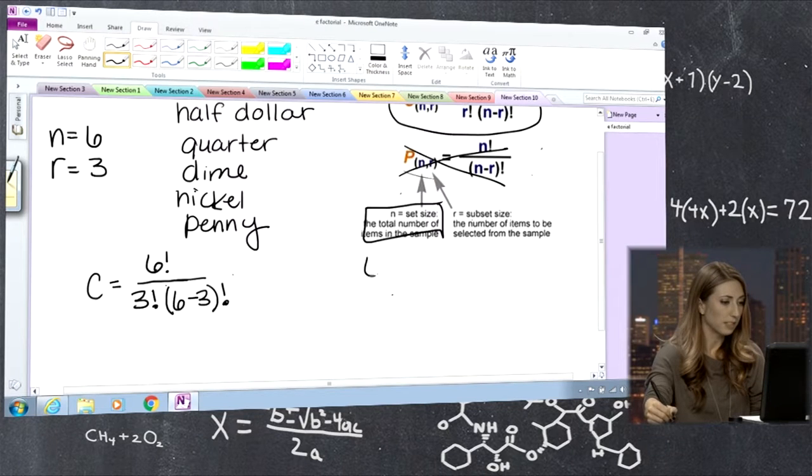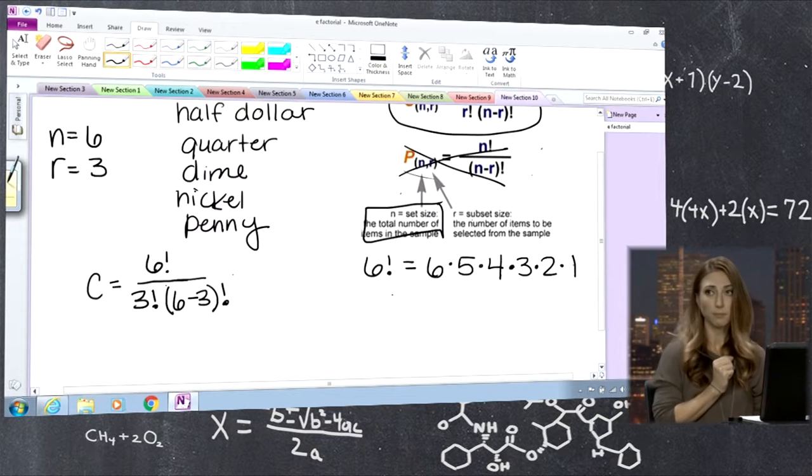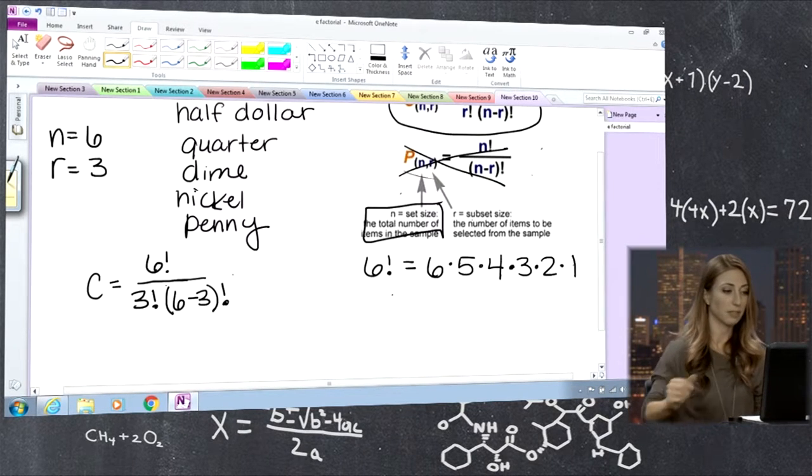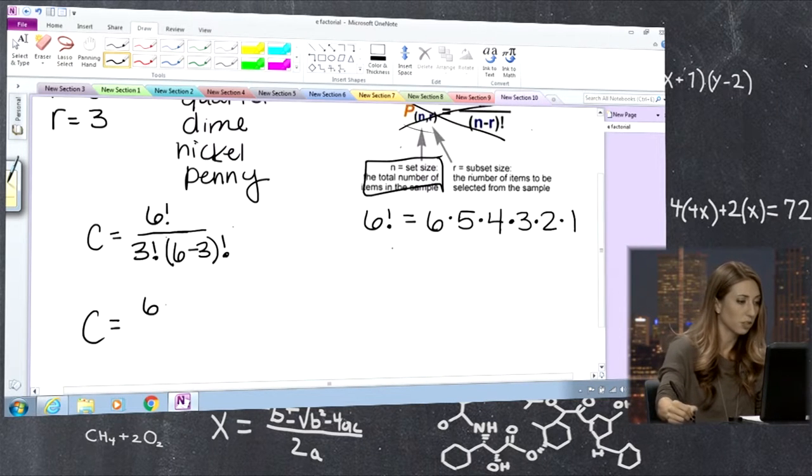What I want to explain is that 6 factorial, or this factorial, just means we're multiplying the consecutive numbers counting down all the way to 1. So 6 factorial is the same as that. I'm going to expand that on the top to show you why this simplifies the way that it does.